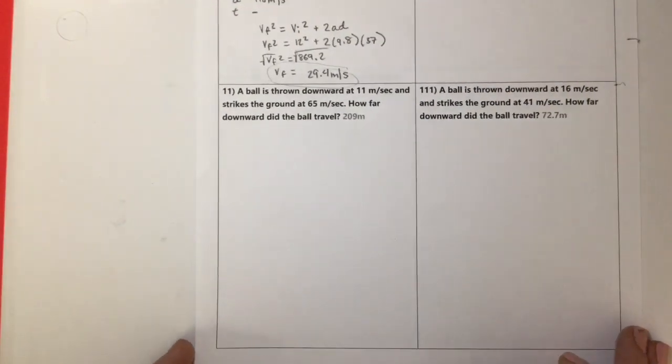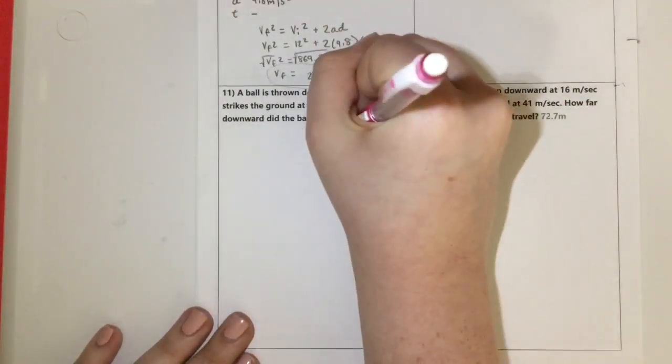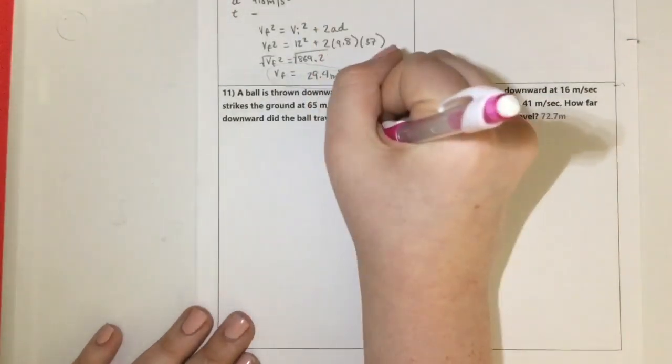So the question asks, a ball is thrown downward at 11 meters per second and strikes the ground at 65 meters per second. How far downward did the ball travel? So once again, let's go ahead and create our diagram. We have our ball, and it's being thrown downward.